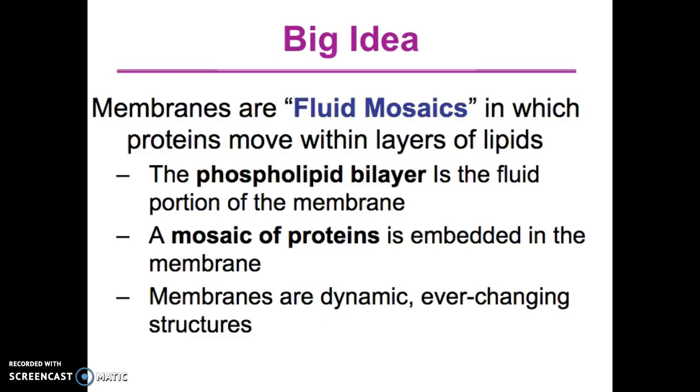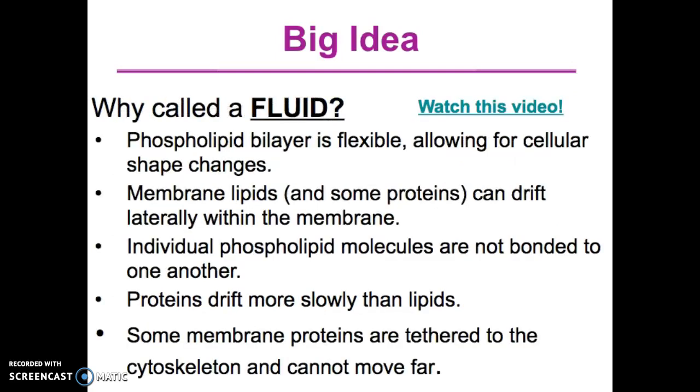And the really cool thing about this new understanding of our membrane is that they're dynamic and ever-changing, very much like our understanding of the cosmos. We used to think that it was perfect and unchanging. We used to think that about cell membranes as well, and now we know that's not true. So why do we call them fluid? There's this really great video, you're welcome to click on it and watch it. It talks about the fluidity of the membrane and why it's called that.